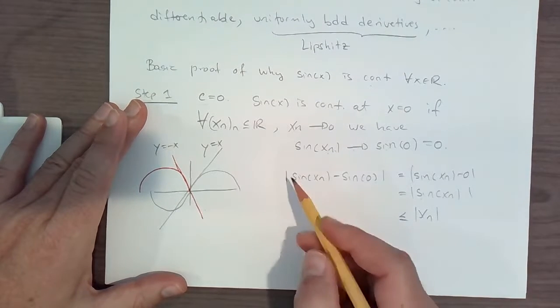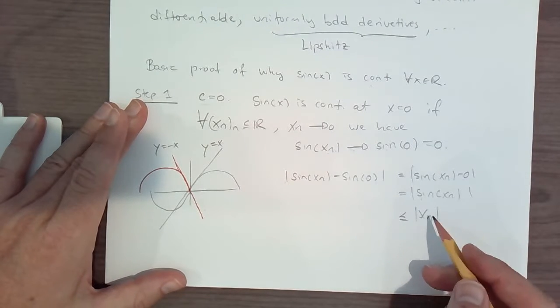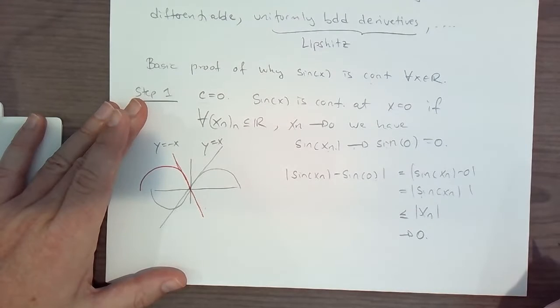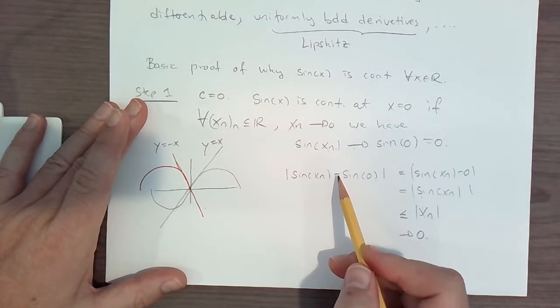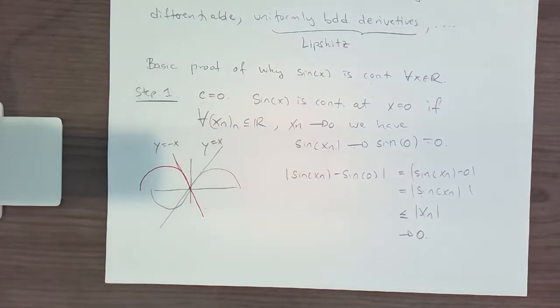The absolute value of sine of xn is bounded by xn. And this thing converges to 0. And therefore, that difference over here is going to go to 0. Does that make sense, guys?